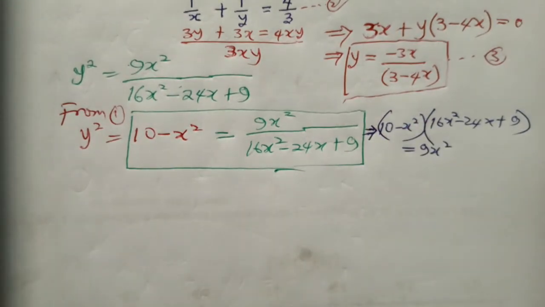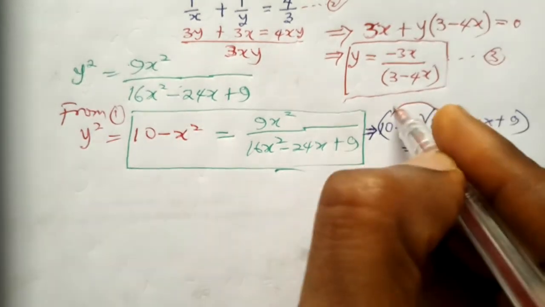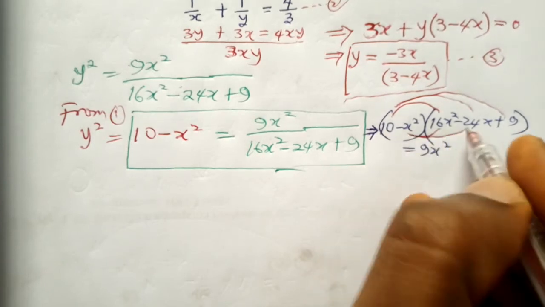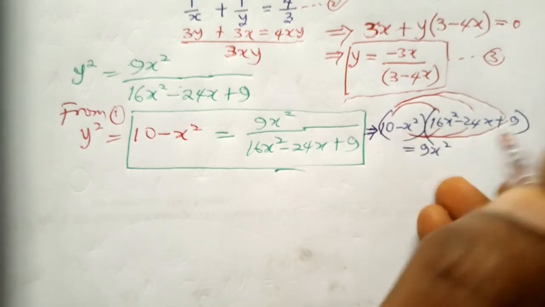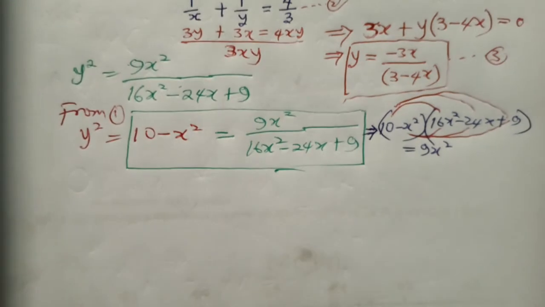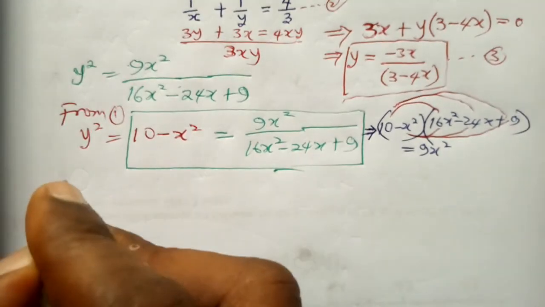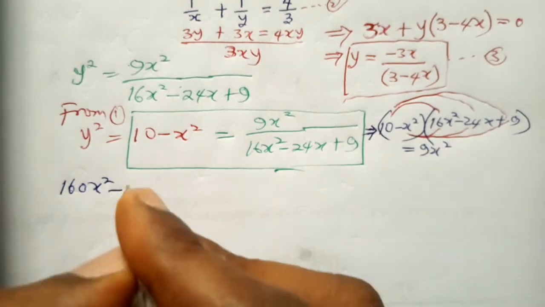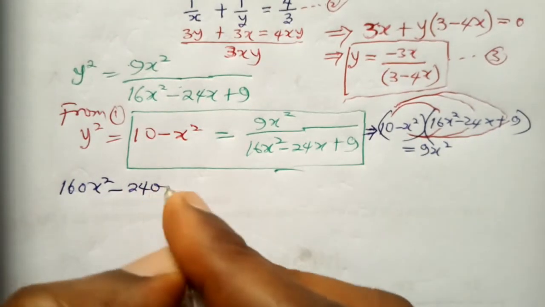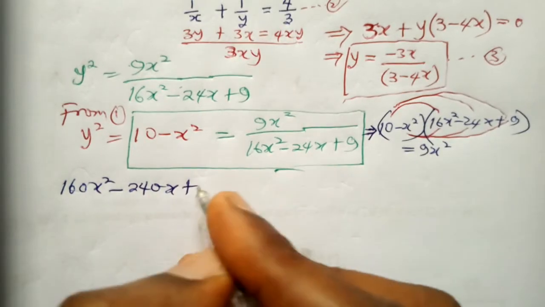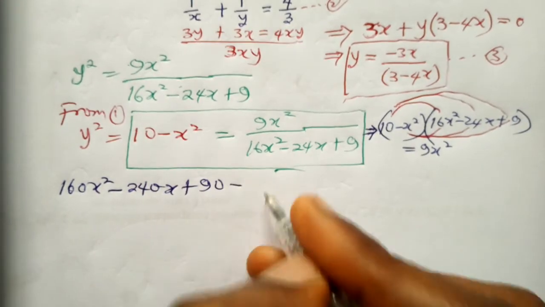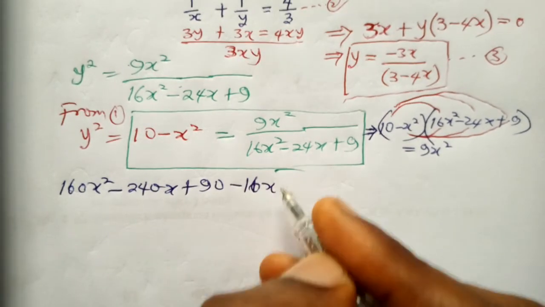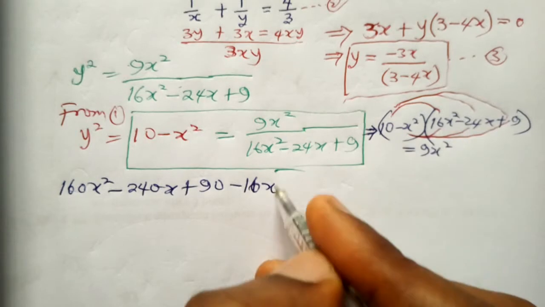So as usual, we multiply this with this, this with that, and this with this. If we do that, we have this times this, 160x squared. This times this is minus 240x plus 90, minus 16x raised to power 4.